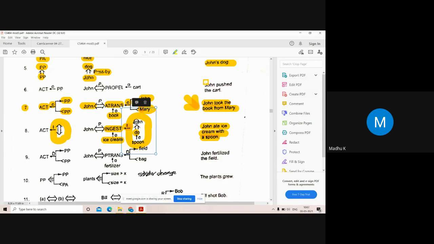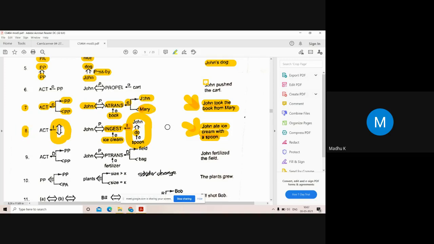In this way, we will represent this type of sentence. So this is another rule, the 8th rule. If the sentence contains an action that is done by using an instrument, then we need to apply the 8th rule.